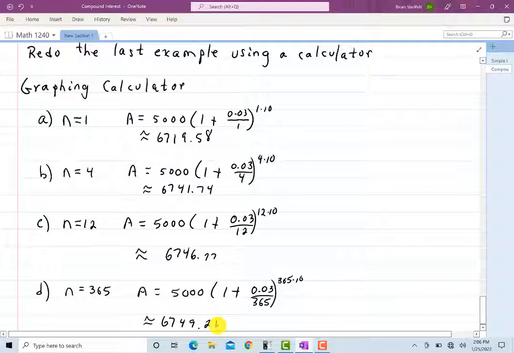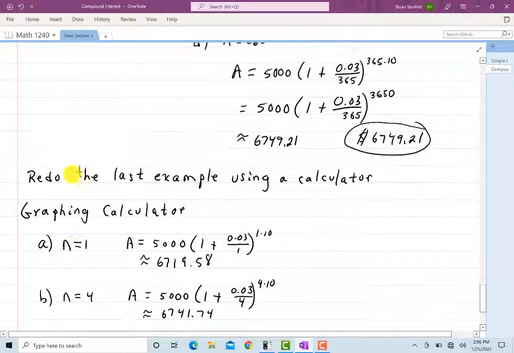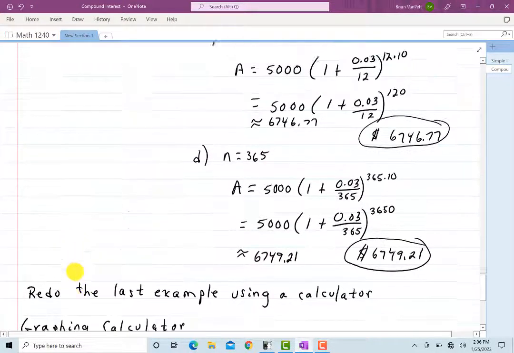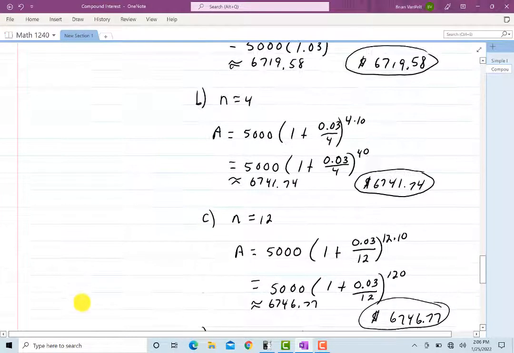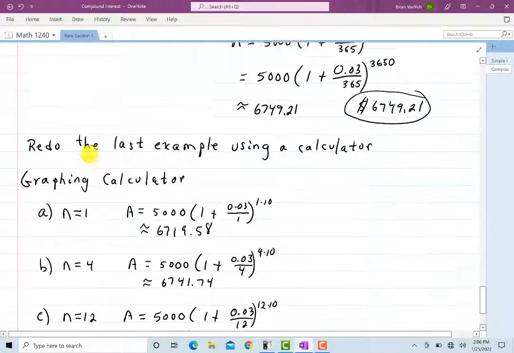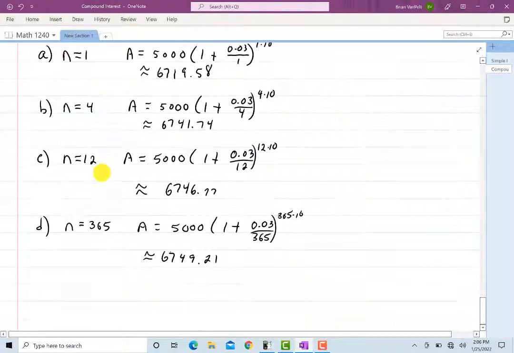Let me compare my numbers from before just to make sure that they came out to be exactly the same numbers. 74 and 58. So all of those decimals are exactly the same as before. And that's how you do it with the graphing calculator.